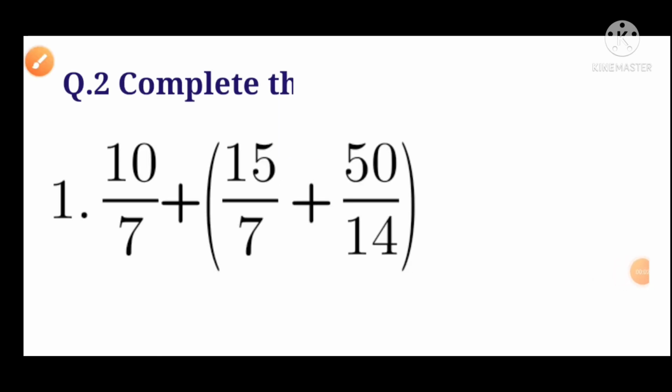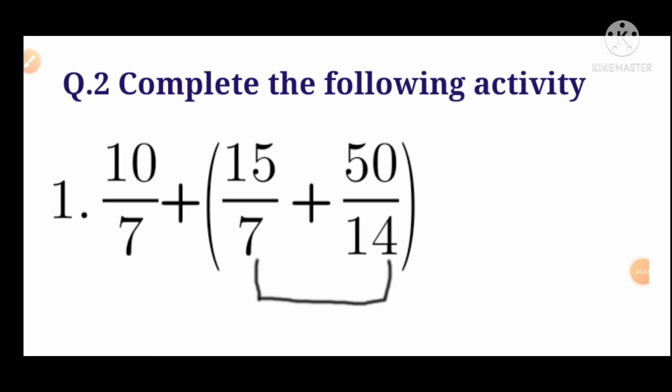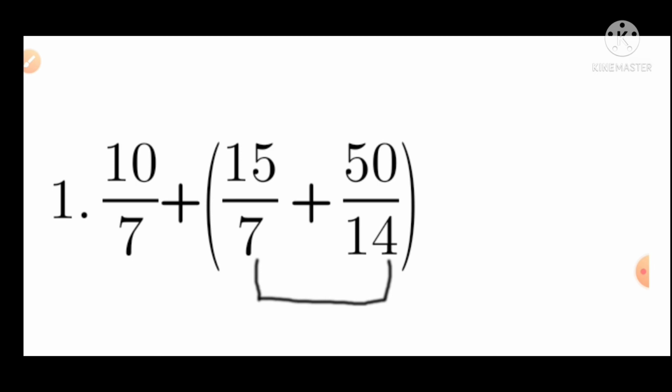Complete the following activity. These two fractions are given in a bracket. Therefore, first solve this bracket. Here again the denominators of these two fractions are different. Therefore, we need to make the denominators of these two fractions equal.